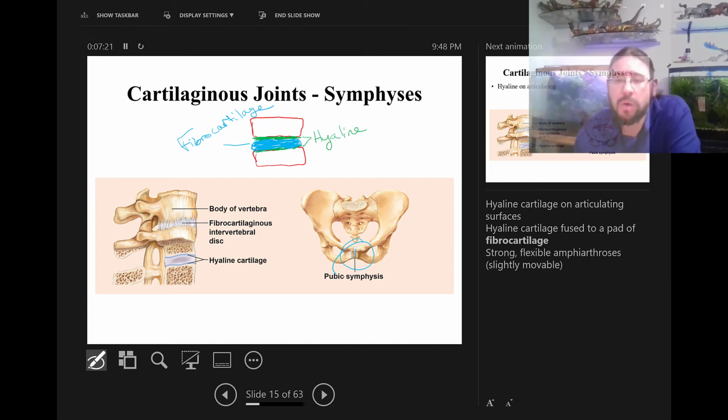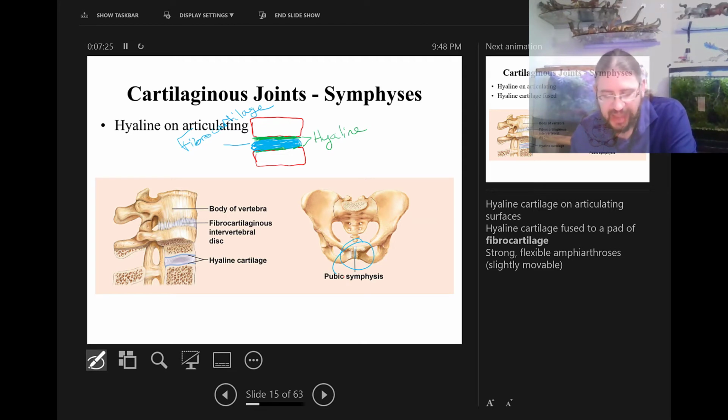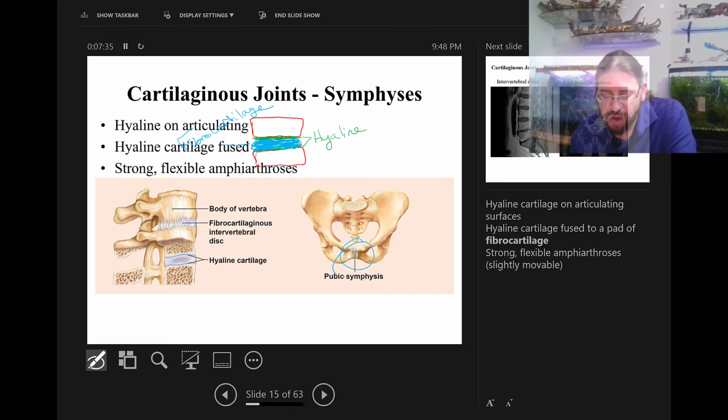So hopefully not too terrible. There's hyaline cartilage on the articulating surface of the bone, which is fused to fibrocartilage, providing very strong bones that are flexible, but not all that flexible. The bones that have a very slight amount of mobility.